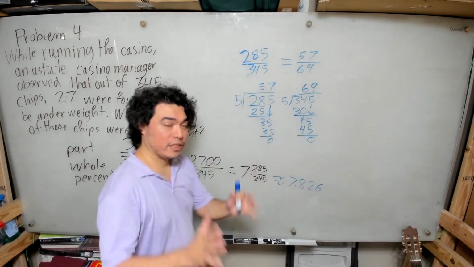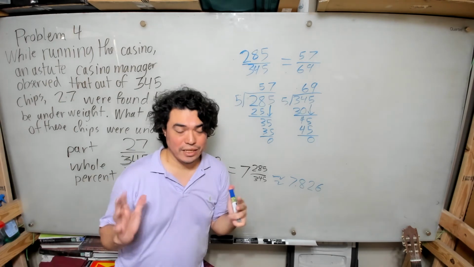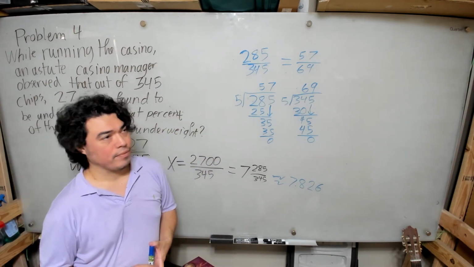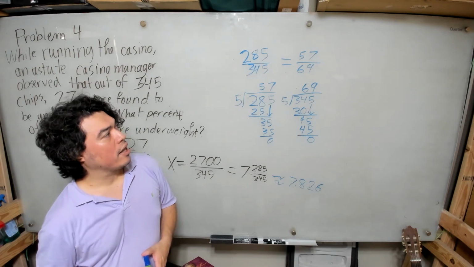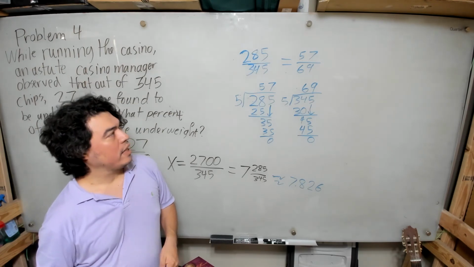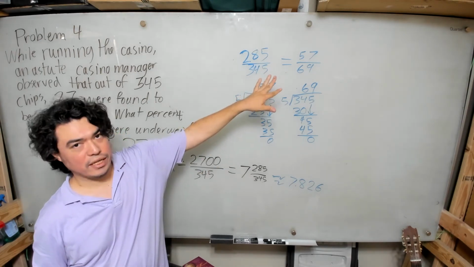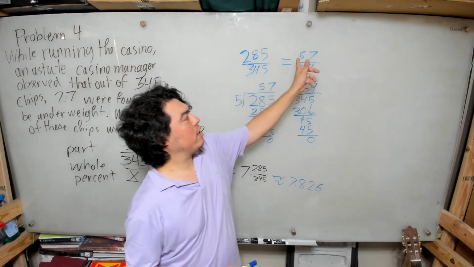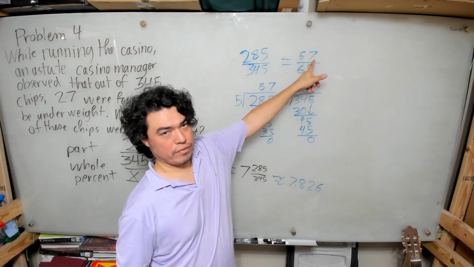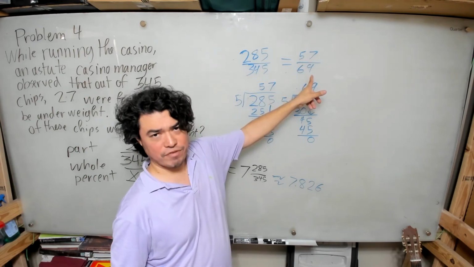Now, I'm about to tell you something that's a neat little factoid to have in your mind. It turns out that if you have numbers like this, and you add the digits, in this case 5 plus 7 is 12, and in this case 6 plus 9 is 15.